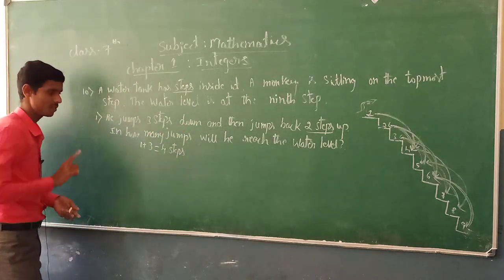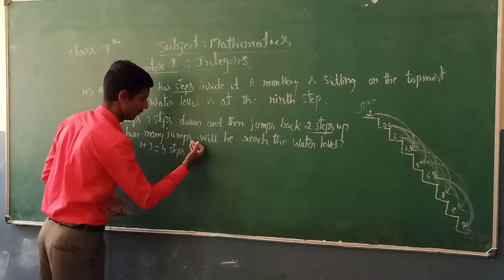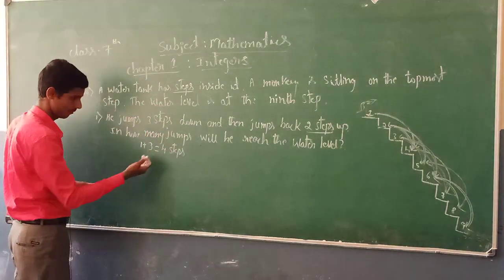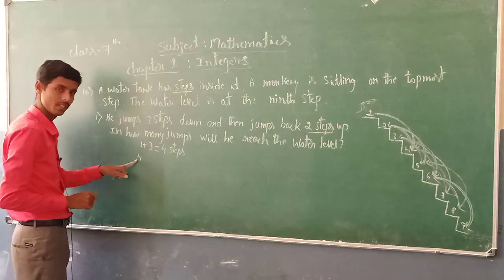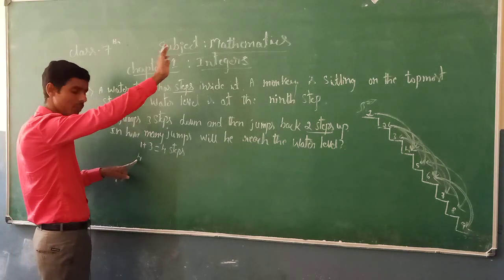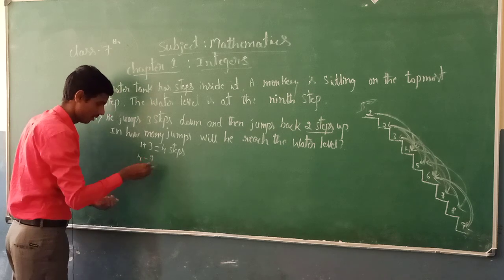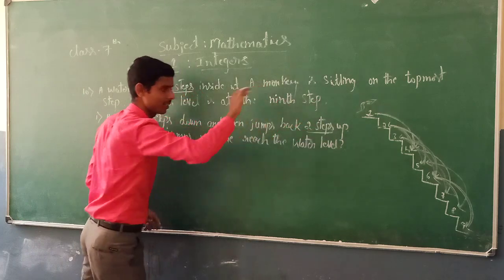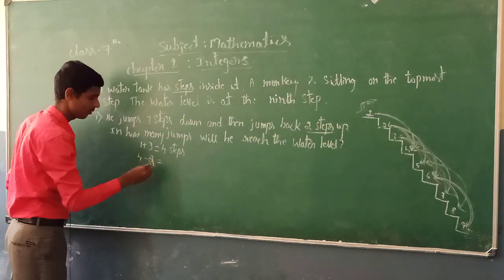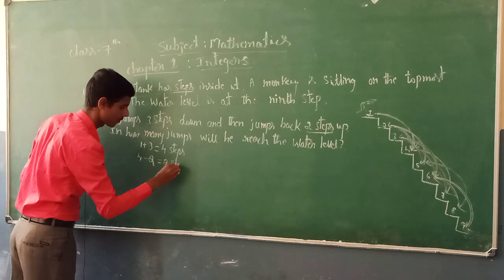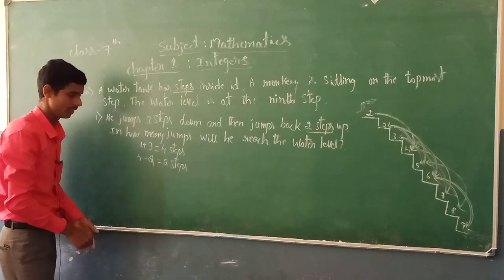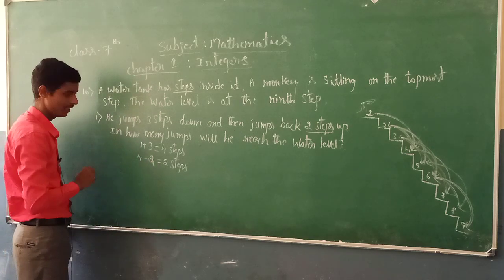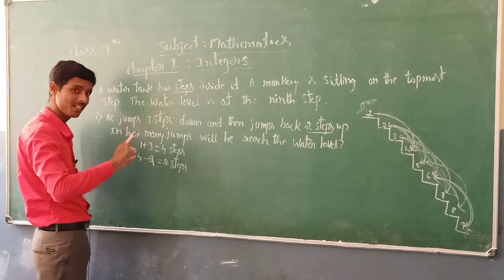In first jump, the monkey reached the 4th step, right? Again back 2 steps. Minus 2. 2 steps back up, right? 4 minus 2 is equal to second step. In second jump, the monkey returned to second step, right? The monkey is in second step.